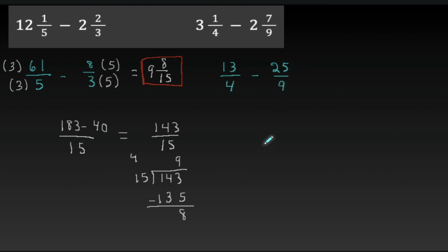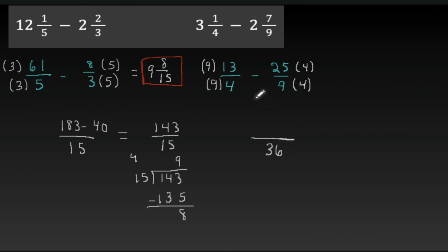So we can go ahead and subtract, but before doing that, we need to find the common denominator. The common denominator is 36. Turn this 9 into 36 by multiplying it by 4. Okay, 4 turns into 36 by multiplying it by 9. Okay, we have that common denominator of 36.